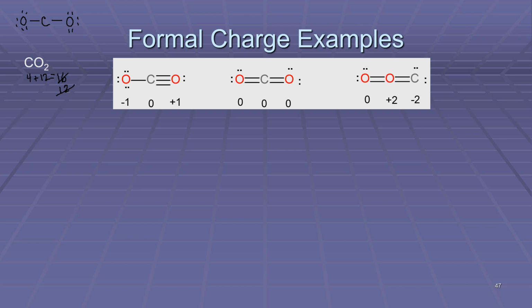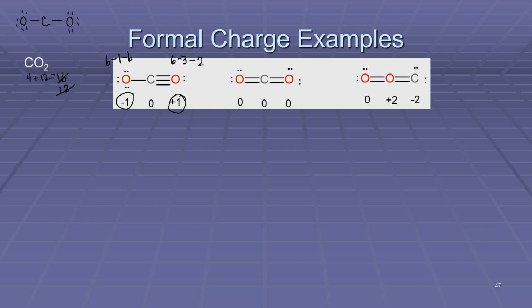If you figure out the formal charges, for this oxygen it's a valence of 6 minus 3 bonds minus 2 electrons, so that's where the positive 1 comes from. This oxygen, valence of 6 minus 1 bond minus 6 electrons, so that's where the negative 1 comes from.